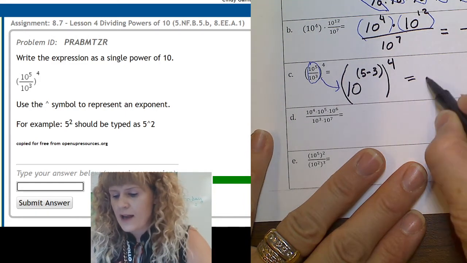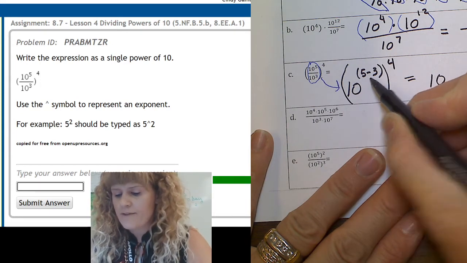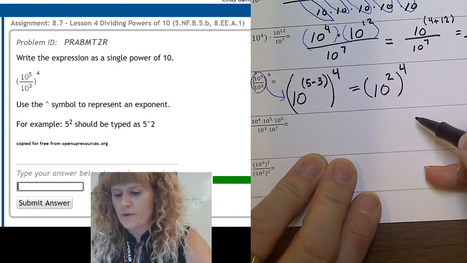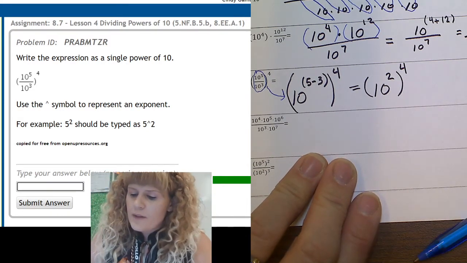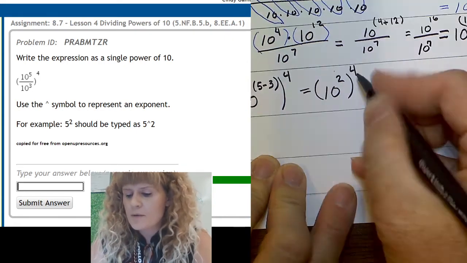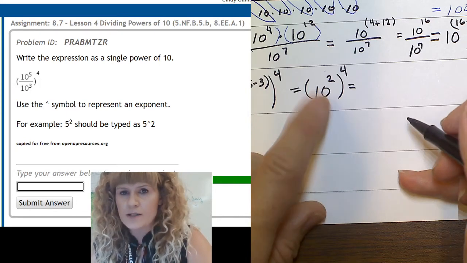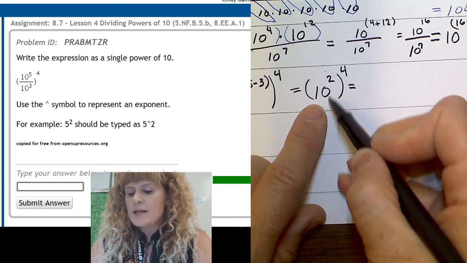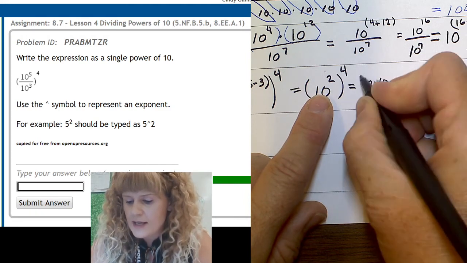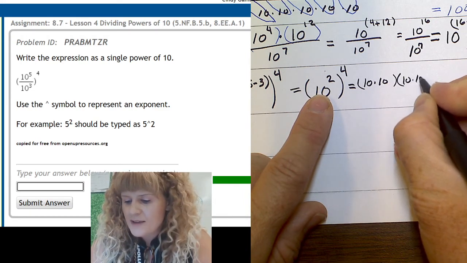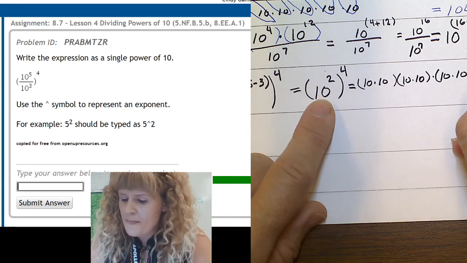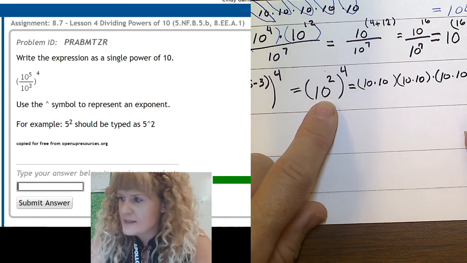Now I'm going to simplify. 10 to the power of 5 minus 3 is 10 squared, and it's still being raised to the 4th power. Now we can use power to the power rule. I'm going to review that really quickly in case you forgot. So watch this and do it on your paper. 10 squared to the 4th power equals 10 times 10 times 10 times 10 times 10 times 10 times 10 times 10.